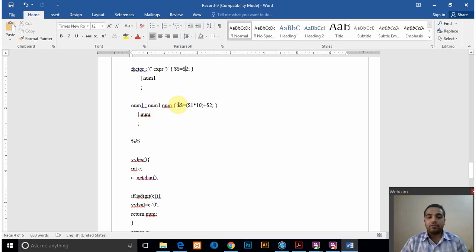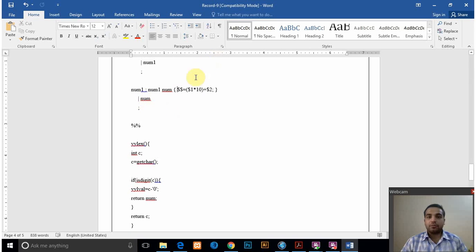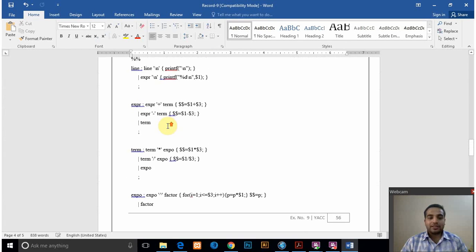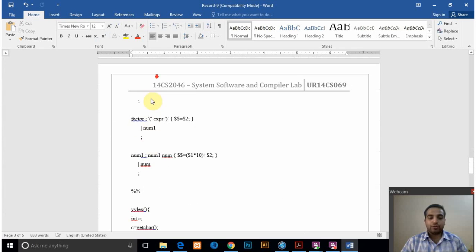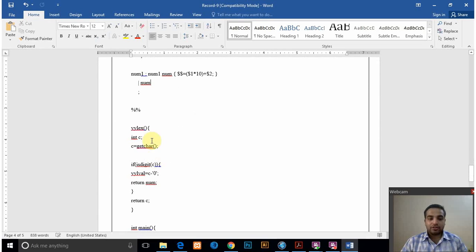In num1, we will be multiplying the first operand by 10 and adding the second operand to it. That means we will be dealing with two-digit numbers here. So here we get num. We are moving top to bottom. So basically, we start from line, we move on to num, and then we start our calculation.